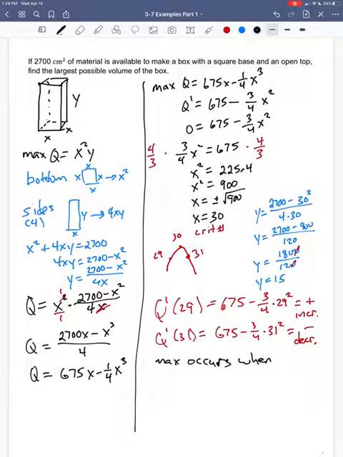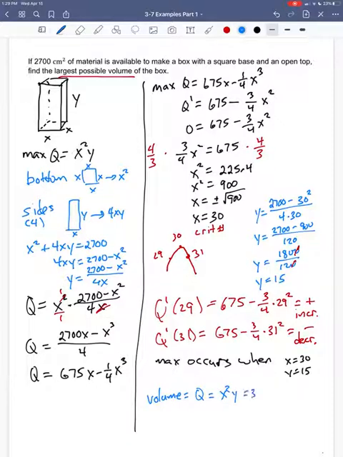when we had x equals 30 and y equals 15, but we have to pay attention to what the problem is saying. It is find the largest possible volume of the box, right? So I need the volume here, not what x and y are. So my volume is equal to this value q, which is x squared times y.